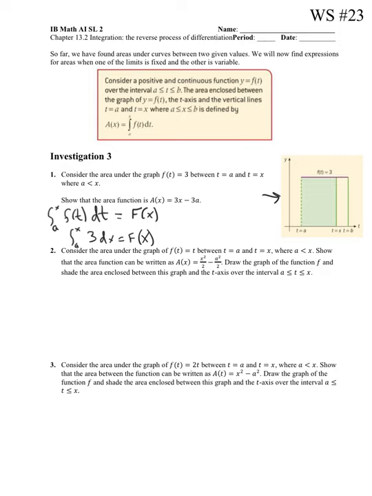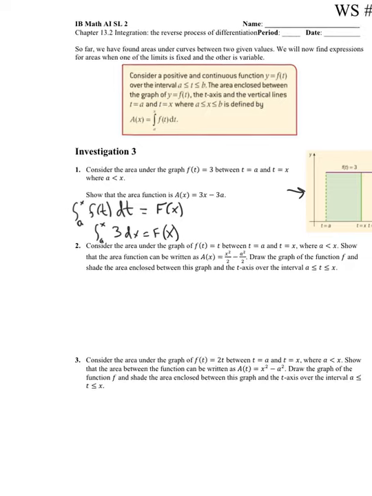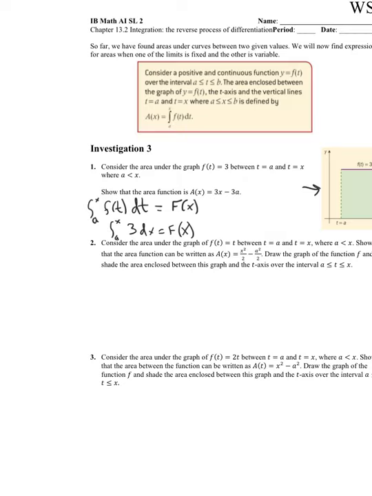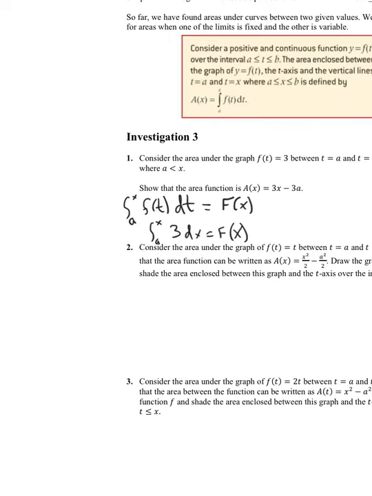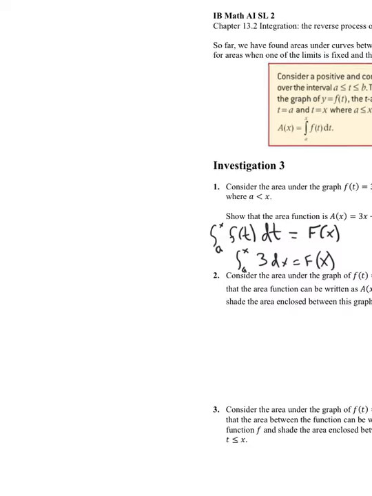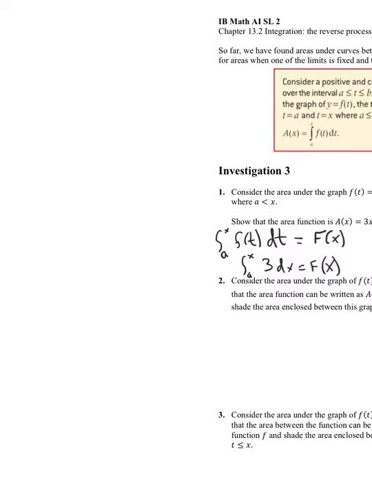The way you want to think about it, like I said, is undoing a derivative, because 3 is a derivative. Before, if we were doing a derivative, let's take an example: 3x squared plus 2x plus 5.